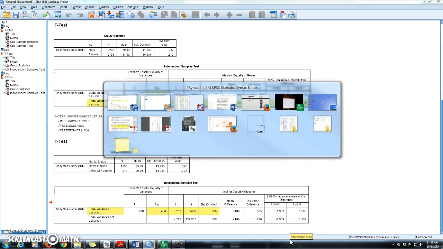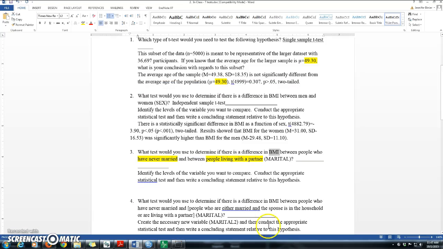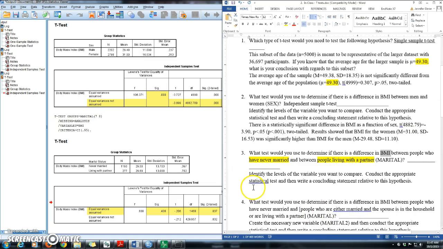Okay, so let's go back to our Word document, and we're going to write out this result. There is no significant, you can put statistically significant, it doesn't matter, but you have to have one of those words, either significant or statistically significant. There's no significant difference in BMI between, and here's a different way I could do it, between people who have never married.